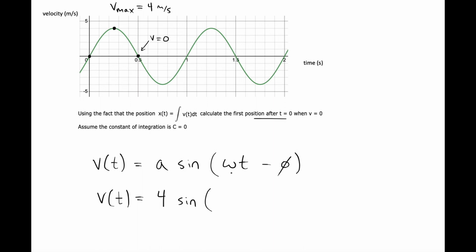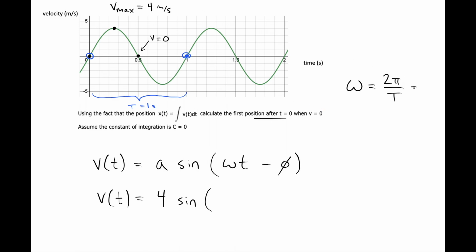Now in order to find omega, the angular frequency, I could use this formula, 2 pi over T, where T is the period of the graph. So let's find the period here. The period is 1. That's how long it takes for the cycle to complete.